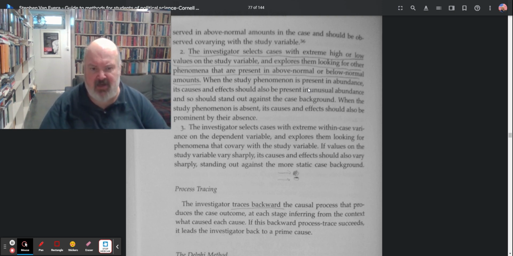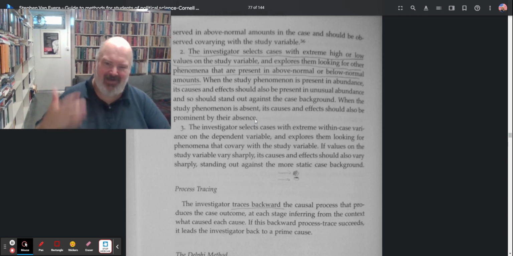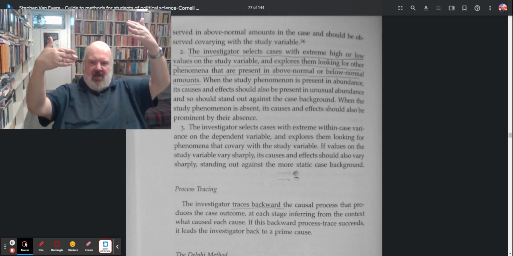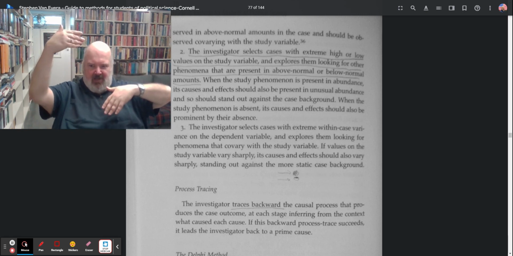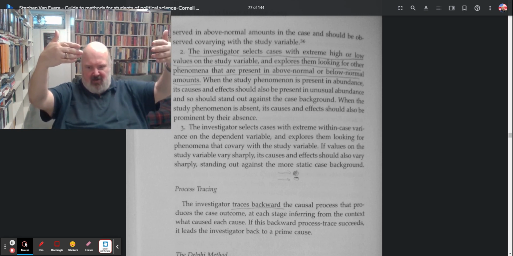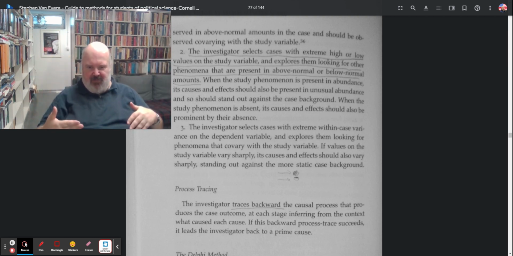When the study phenomenon is present in abundance, its cause and effect should be present in unusual abundance and so stand out against the case background. When the study phenomenon is absent, its cause and effect should be prominent in their absence, conspicuous by their absence. So if it's highly present, the thing that's causing it should be highly present. If it is absent, then the thing that causes it should be equally absent.